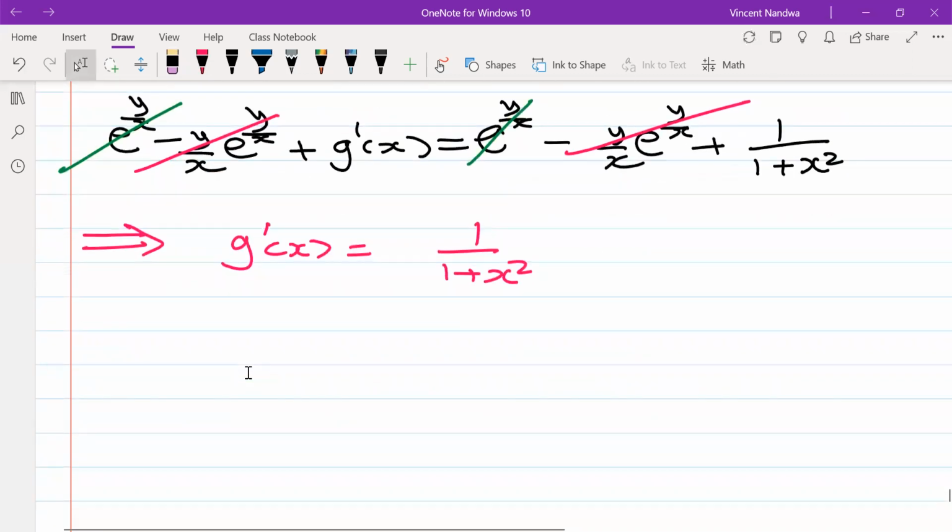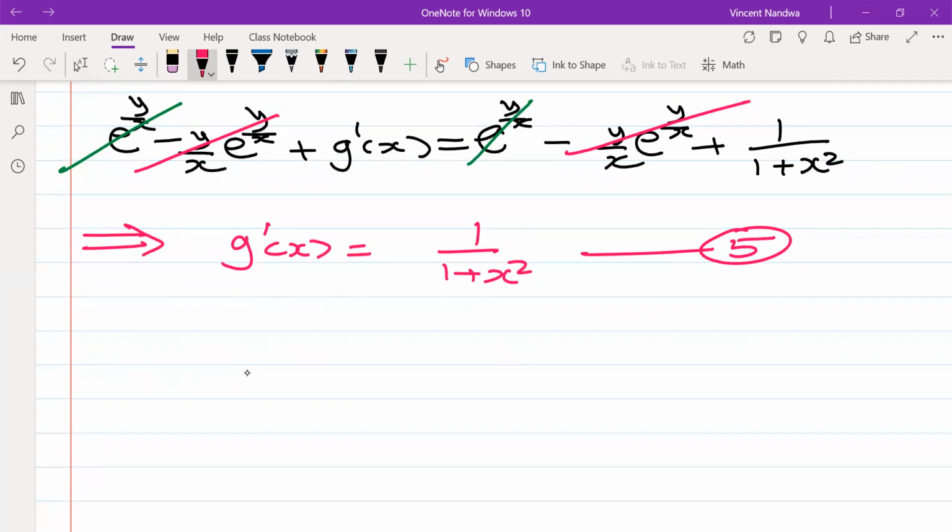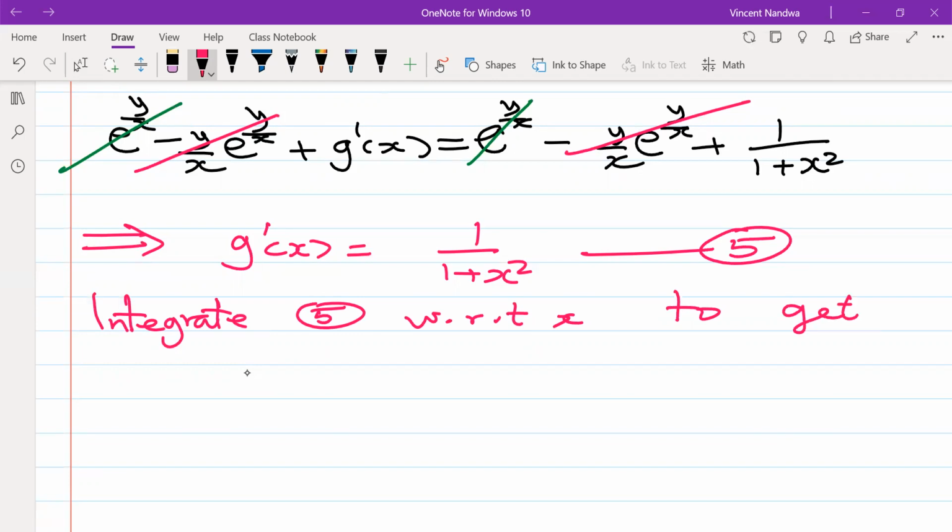And so, if I call this 5, to get the g function, we now integrate 5 with respect to x to get g of x equals the integral of 1 over 1 plus x squared dx.